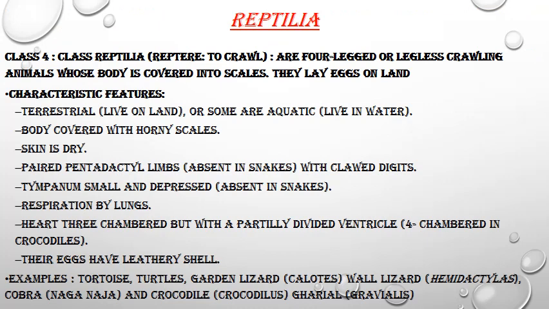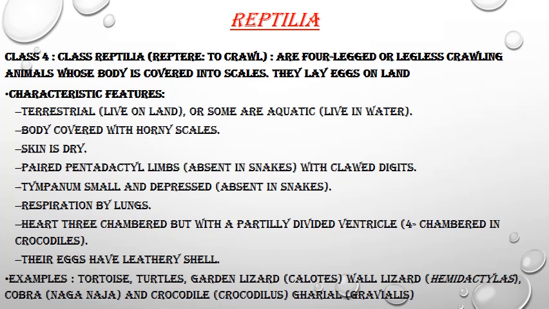Class reptilia are 4-legged or legless crawling animals whose body is covered in dry scales. They lay eggs on land. Characteristics: terrestrial, it means lives on the land, or some are aquatic. Body covered with horny scales, skin is dry. Paired pentadactyl limbs with clawed digits.